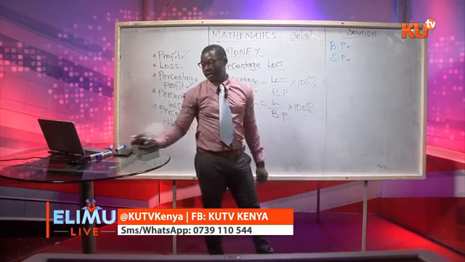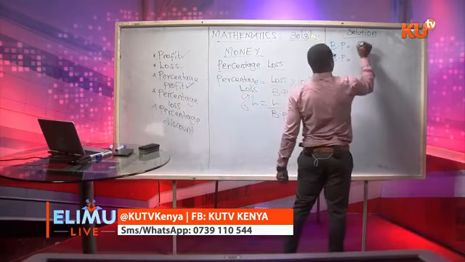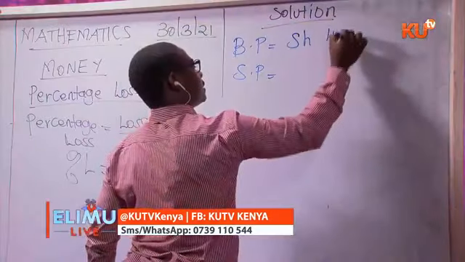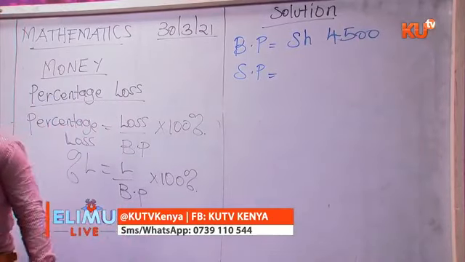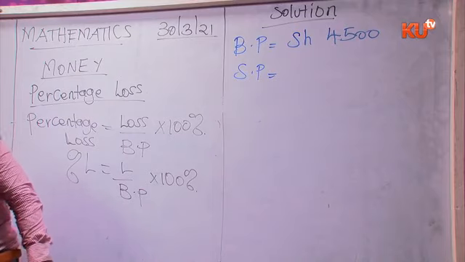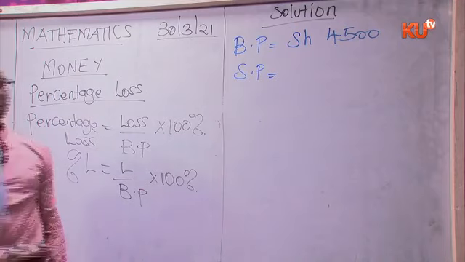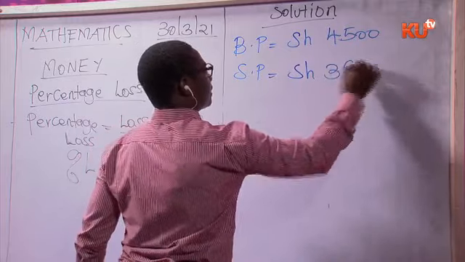The question reads, a trader bought a crate of tomatoes at 4,500 shillings. So the buying price is 4,500 shillings. Then he sold the tomatoes at 3,600 shillings. So the selling price is 3,600 shillings.